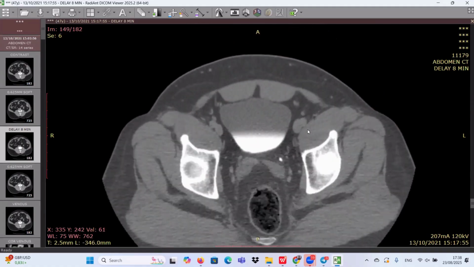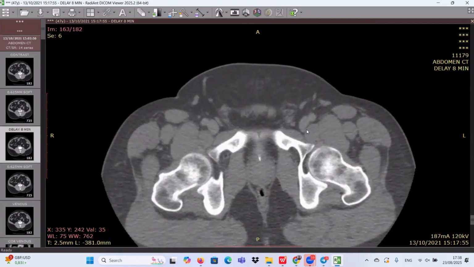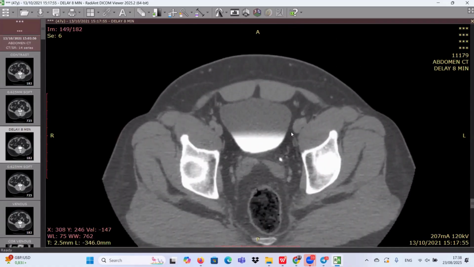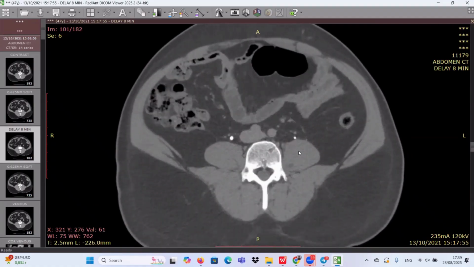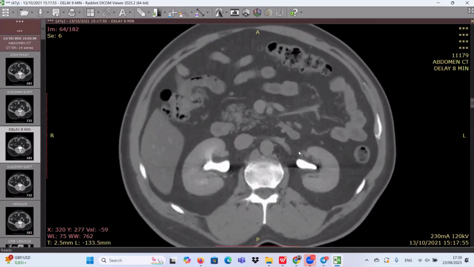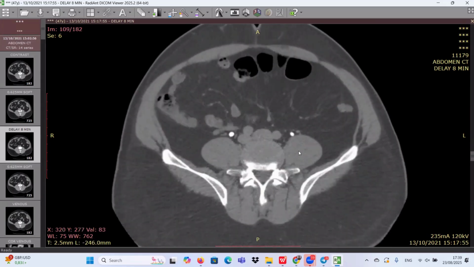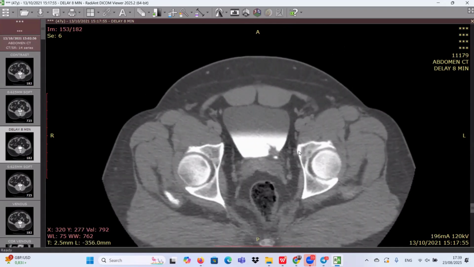Really, this case was very strange, and I know that this one is tricky among our GIT cases. But my message is to check all the organs, not only the GIT. This patient was complaining of left abdominal pain, maybe left groin pain, if we need to specify the pain. Once we have something abnormal in this area, I requested a delayed image.